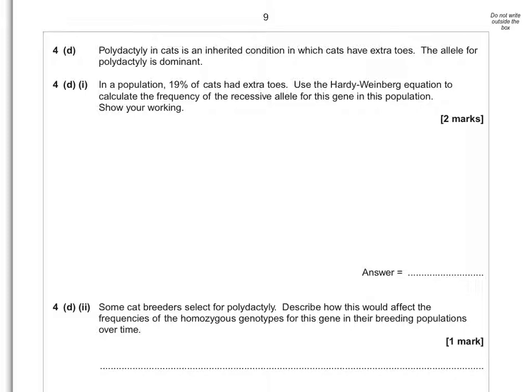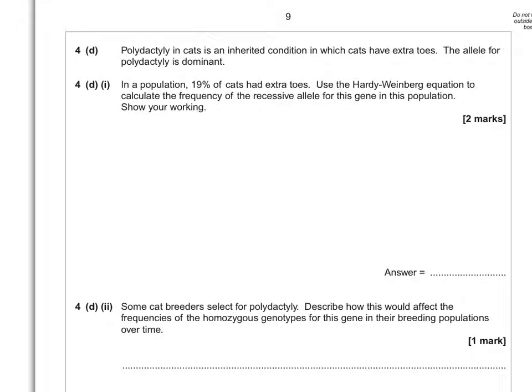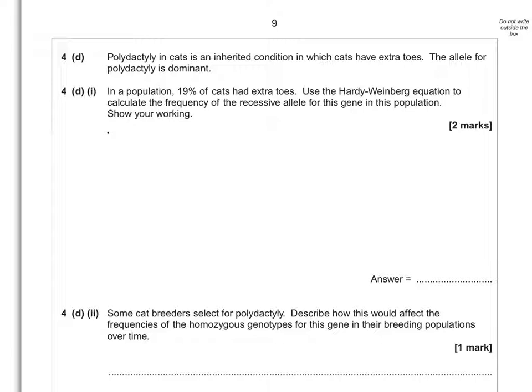This question was asking you to work out, using the Hardy-Weinberg equation, the frequency of recessive alleles for the gene. It does tell you that 19% of cats had extra toes, they had polydactyly. So basically, if you think about it, you had heterozygous dominant or homozygous dominant, and that equaled 19%. So in terms of our equation, that includes p squared, and that's pq plus q squared.